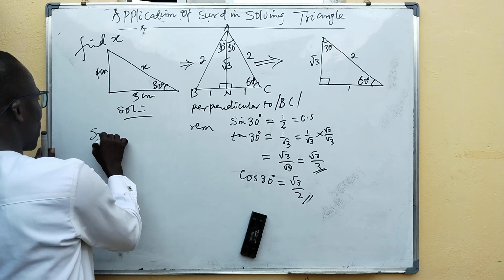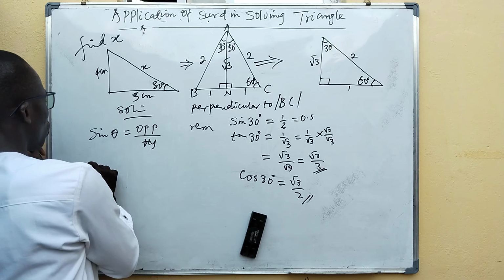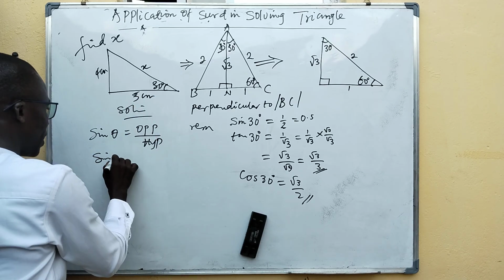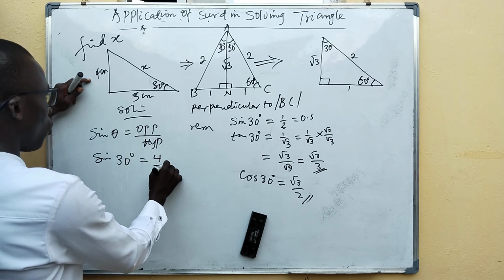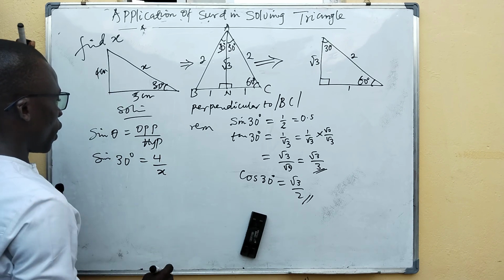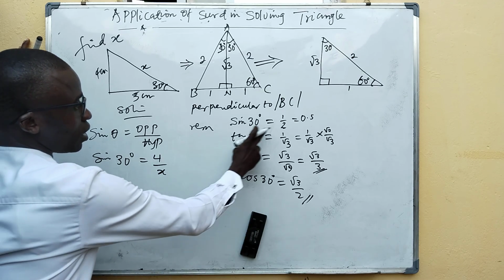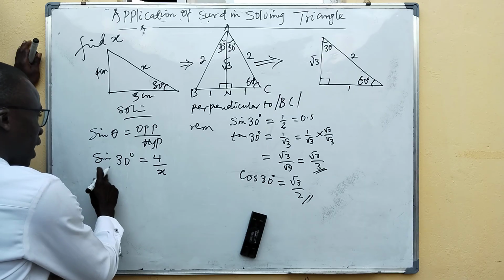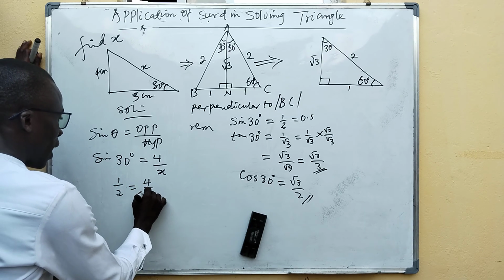Sine theta is opposite over hypotenuse, which means sine 30 degrees is equal to 4 over x. But what is sine 30? It is 1 over 2. So 1 over 2 is equal to 4 over x.